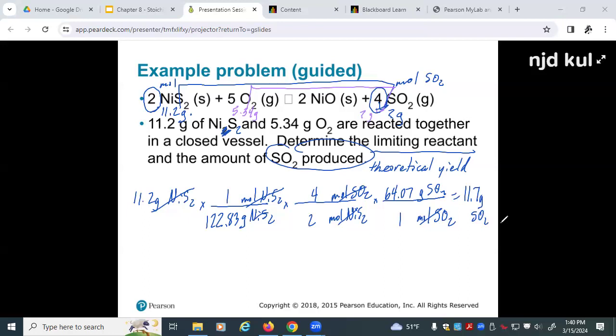Do I know if that is correct or not? I know the calculation is correct, but is it the actual answer to the question? I don't know that yet. And the reason I don't know that yet is because I haven't figured out how much the oxygen would make. So I've got to do that calculation as well.